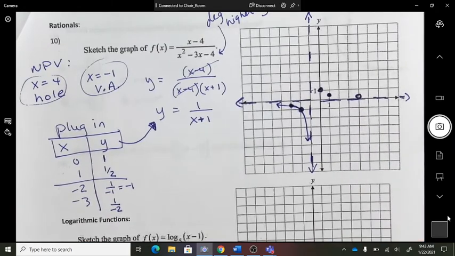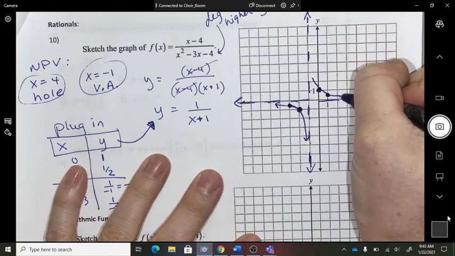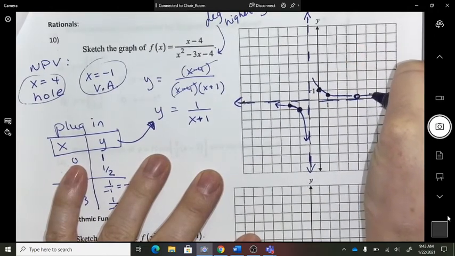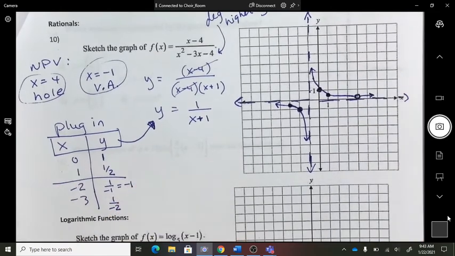Can you make sure you put an open hole when you make your shape? Okay. So rationals, analyze your asymptotes, make your shapes.